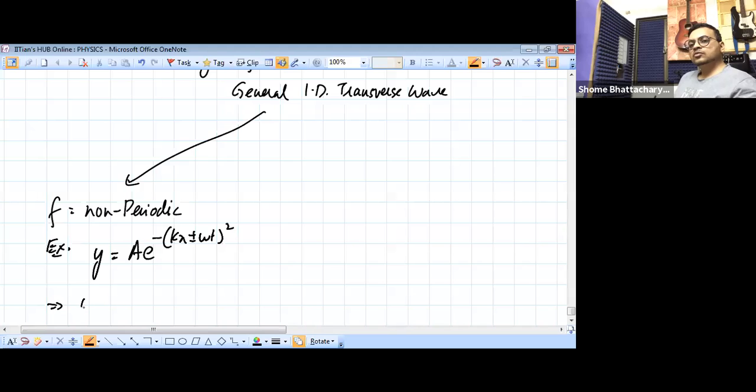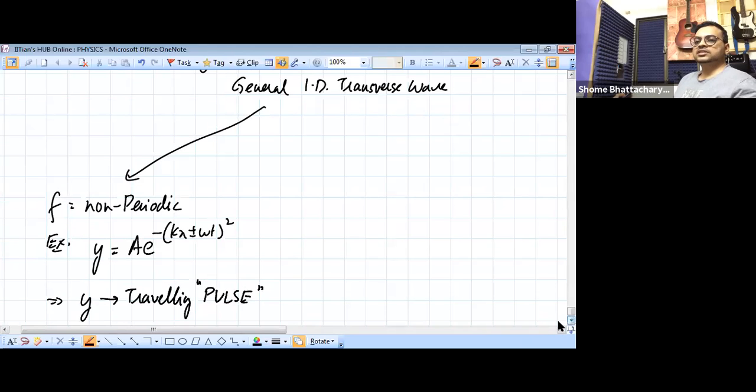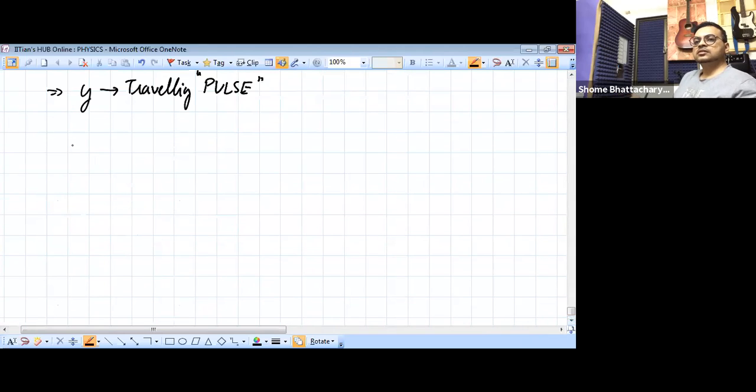Then y represents what we call a traveling pulse. Okay. And that you understood from how the graph was shifting. So it becomes a shape like a pulse, like this, which is shifting along the positive or negative direction. It's a single pulse. Okay.